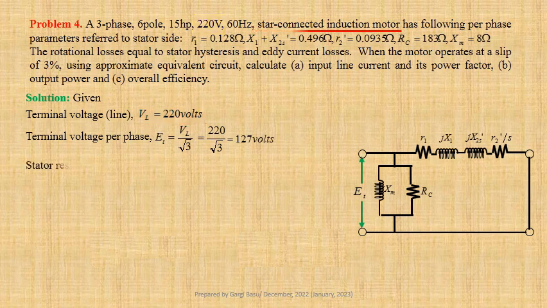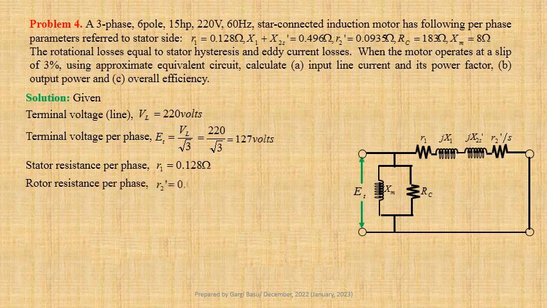Given stator resistance per phase R1 equals 0.128 ohm and rotor resistance per phase referred to stator side R2 dash equals 0.0935 ohm. At standstill condition, total leakage reactance per phase referred to stator side X1 plus X2S dash equals 0.496 ohm.